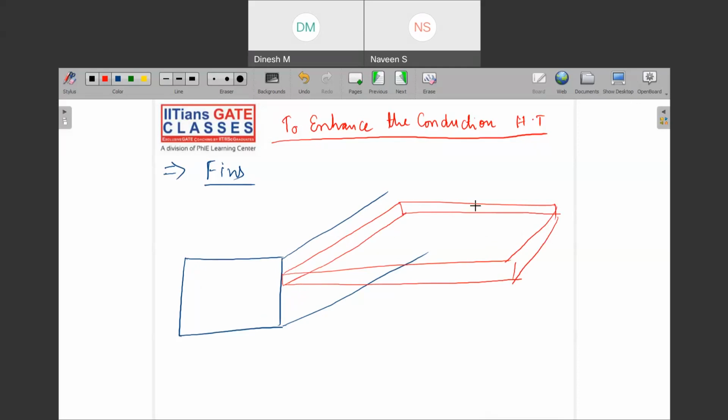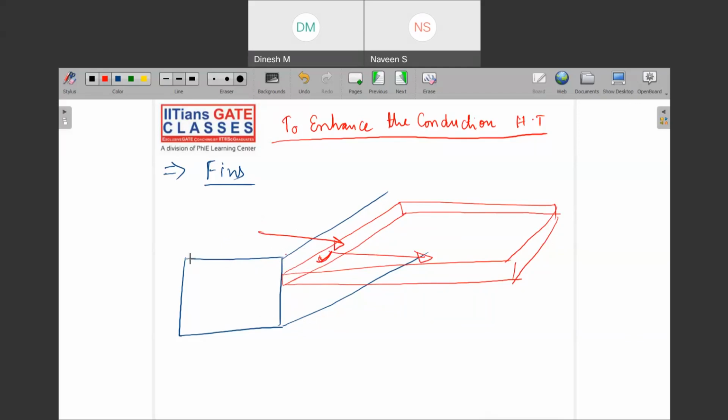Similarly, I can increase this number. Then the heat has conducted to this point, so this is the area which has been increased, right? From this area, the heat has started to travel. So I will add a certain number of these surfaces. Let us say there was one wall.